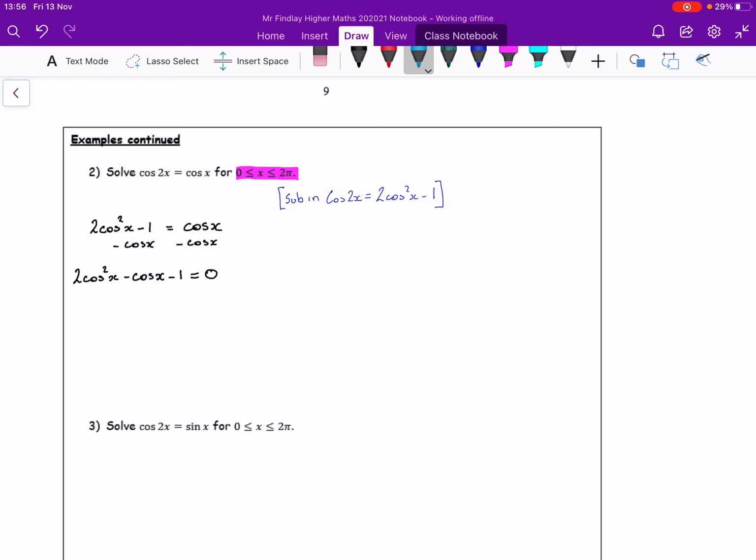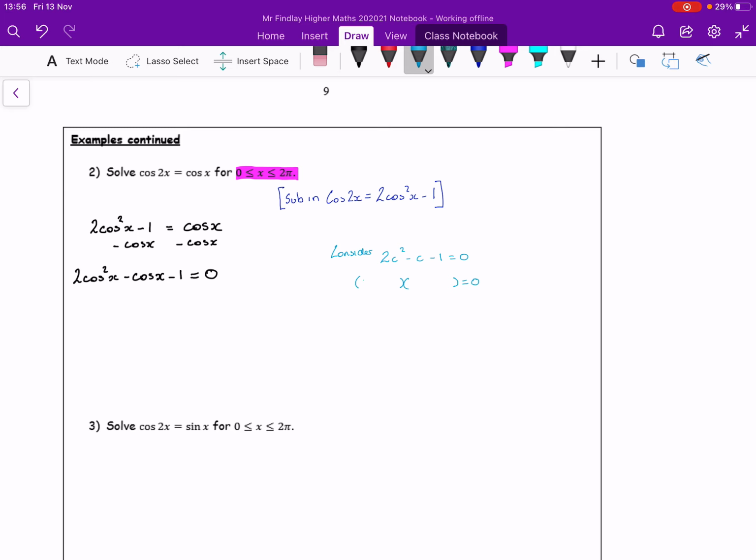Okay, to help, let's consider 2c squared minus c minus 1. How would you factorise that? Factorise your trig expression the same way as you would factorise a normal quadratic.